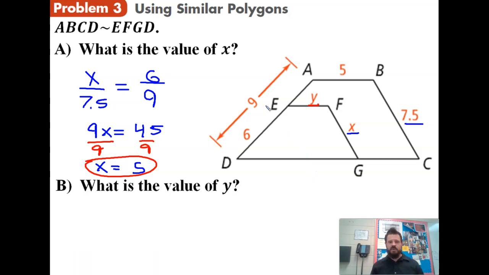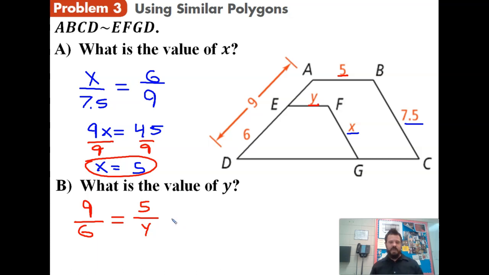Let's do this. Let's go 9 over 6, so kind of the side lengths we know for the bigger trapezoid over the smaller trapezoid. And then I'm going to set that equal to, I'll use the y and the 5 because they're corresponding sides. I'm going to put the 5 on top because that goes along with the smaller trapezoid, from the 9 over the y on bottom.